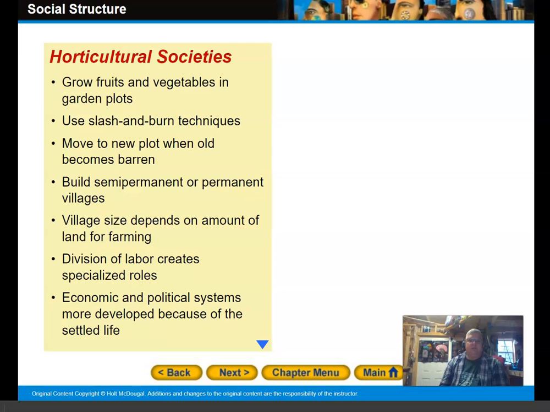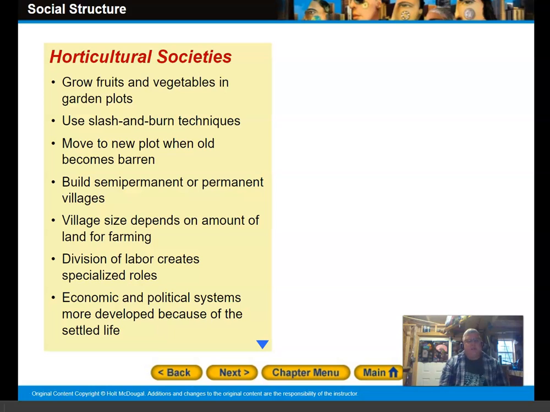They move to a new plot when the old one becomes barren, and they build semi-permanent or permanent villages. Village size depends upon the land for farming, and the division of labor creates specialized roles. So the land determines the size of the group and where they're able to live.